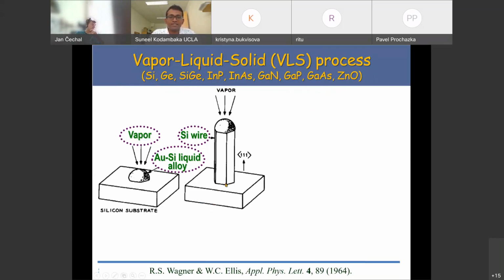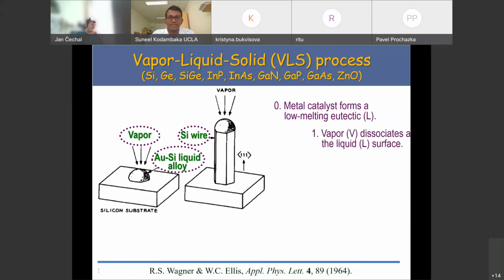Classically, for silicon nanowires to grow, which is what I'm going to be focusing on in the following 10 slides or so, the most commonly used catalyst or catalyst-forming material is gold. The idea is that you choose the material that forms a low melting eutectic with the incoming material that is being deposited as the nanowire.